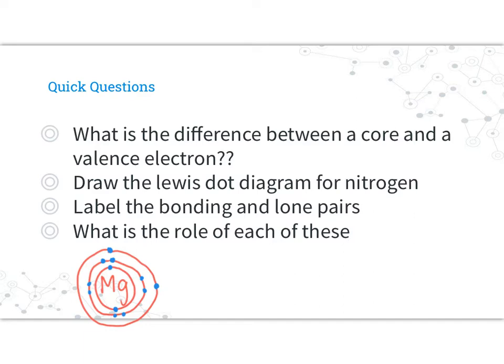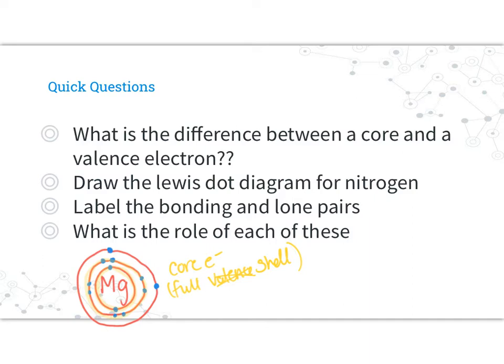So the difference between a core and a valence electron. Core electrons are all of the electrons for full shells. So core electrons would be represented by our first level and our full second level. Valence means typically we talk about the valence shell being our outer shell.